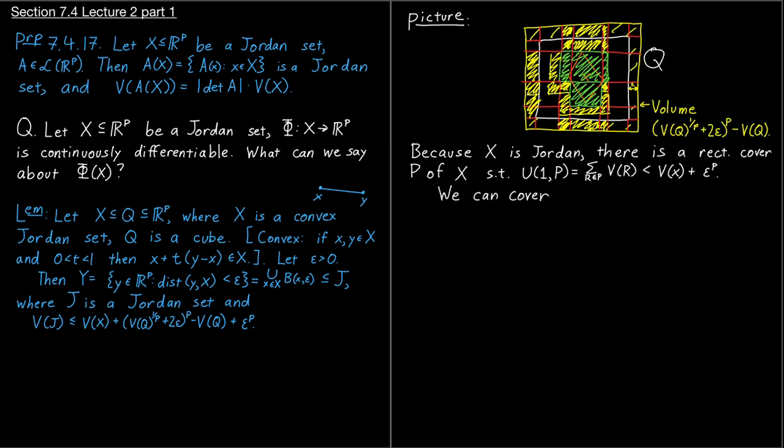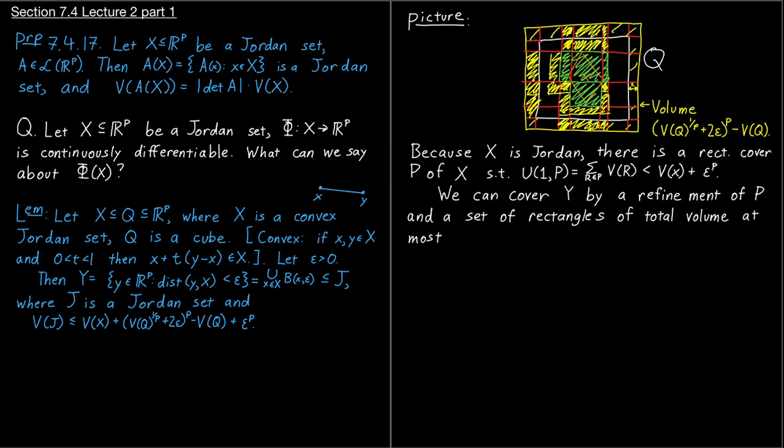So we can cover Y by a refinement of P and a set of rectangles of total volume at most our complicated expression: (side length of q plus 2 epsilon) all to the pth power minus the volume of q.